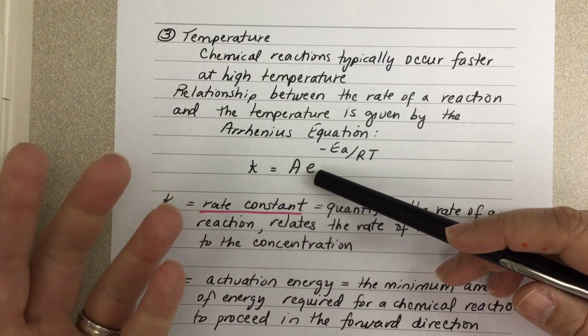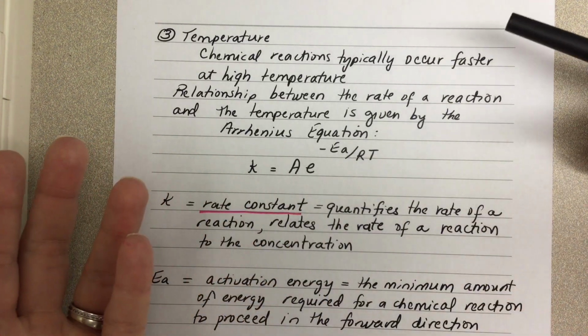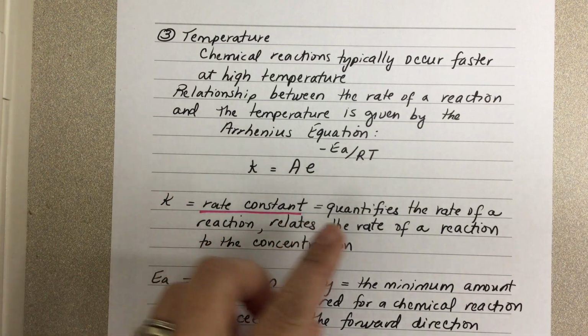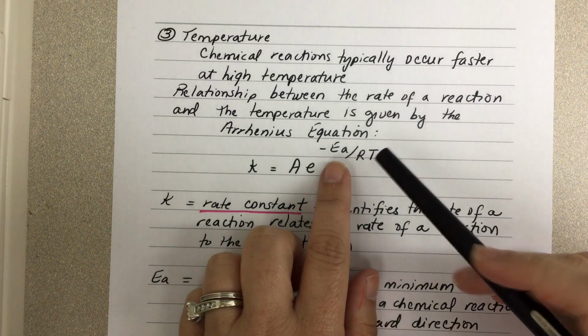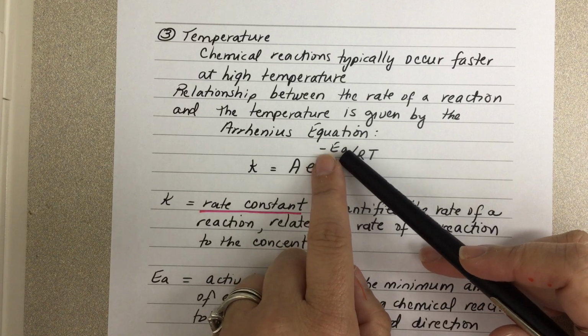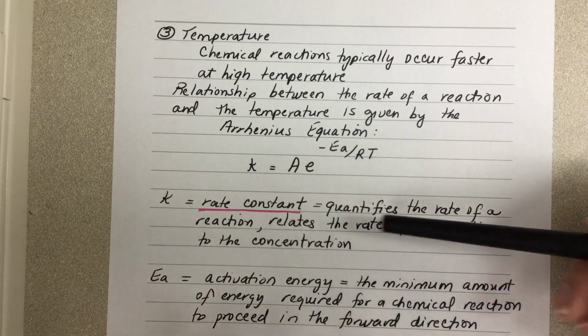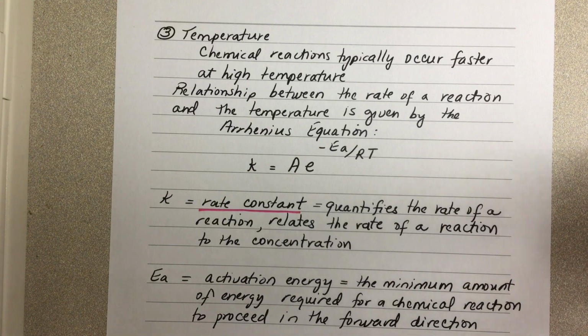Then this is the Euler's number. It's a mathematical operation. And that number is raised to the power of something. And that something we have there, EA, is the activation energy. And we have the definitions here for everything.